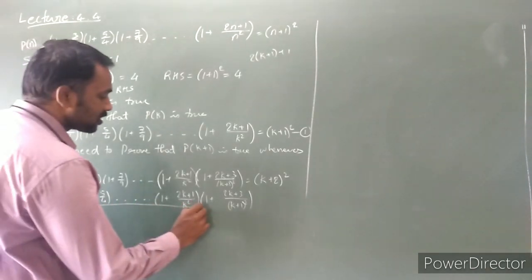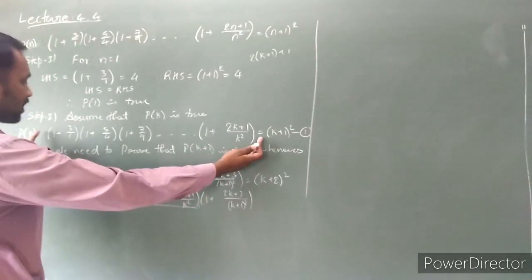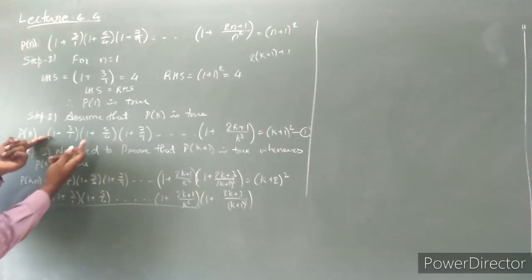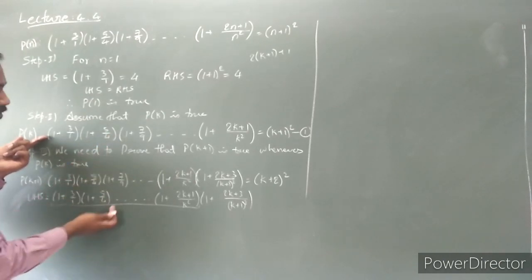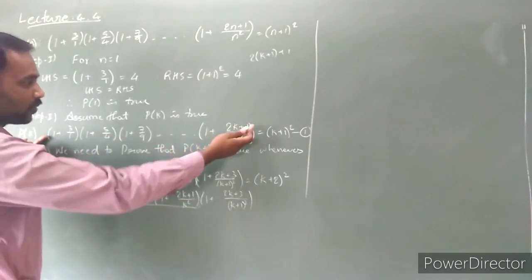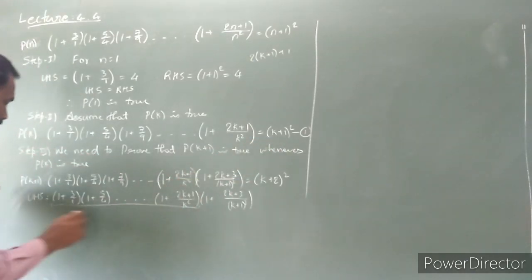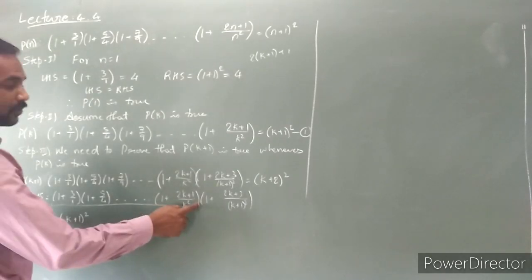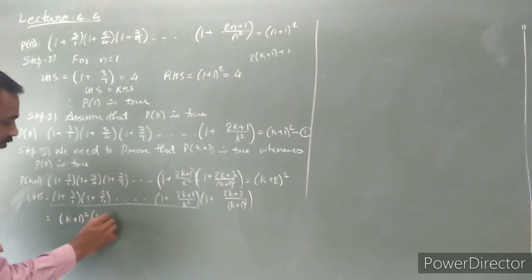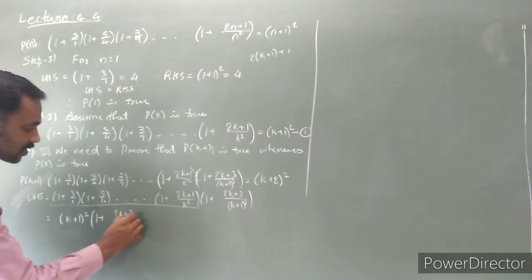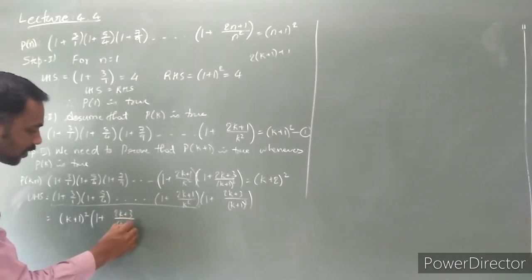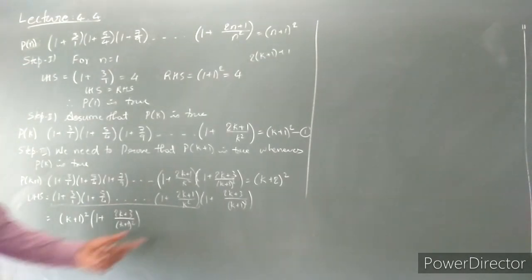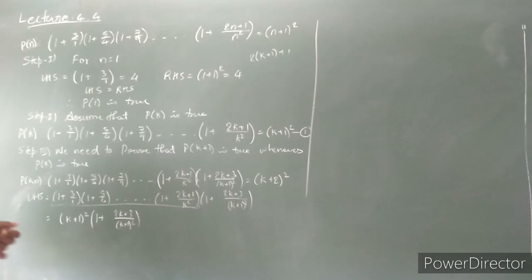We can replace the first k terms with their value from equation number 1, which is (k+1)², into the remaining term, 1 plus (2k+3) divided by (k+1)². After simplification we have to get (k+2)². Okay, let us simplify.